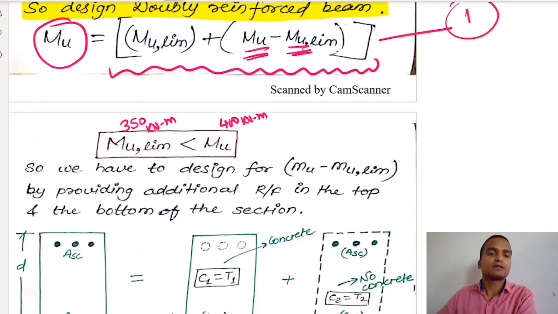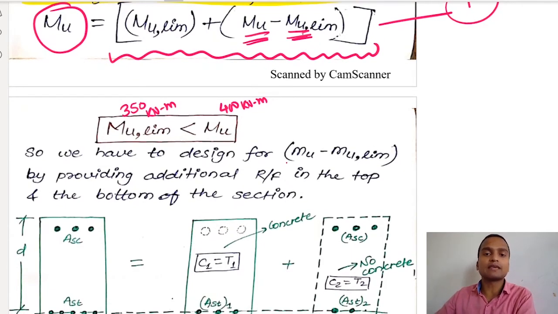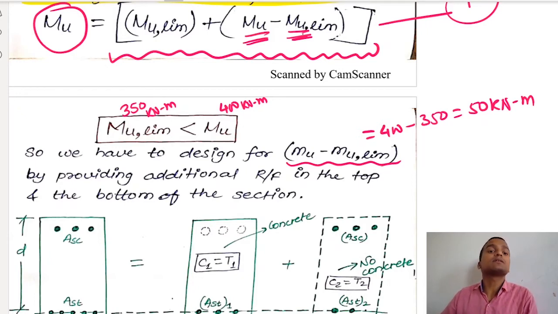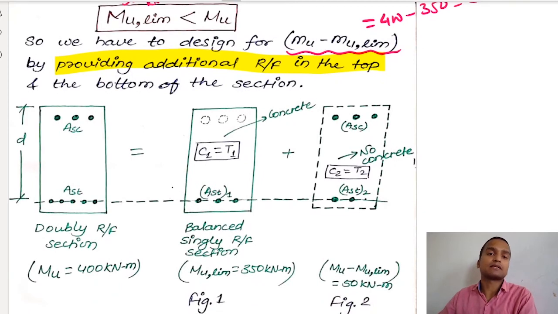So we have to design for the extra Mu minus Mu limiting, that is 400 minus 350, which is equal to 50 kilonewton meter extra. For this extra moment we have to design by providing additional reinforcement, where? In the top and the bottom of the section.